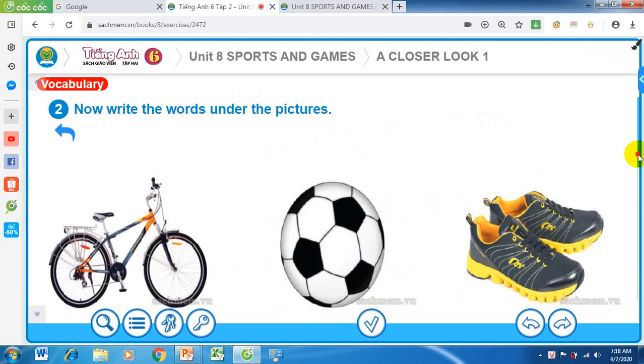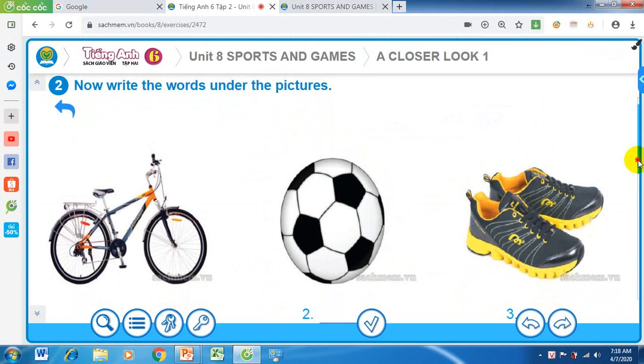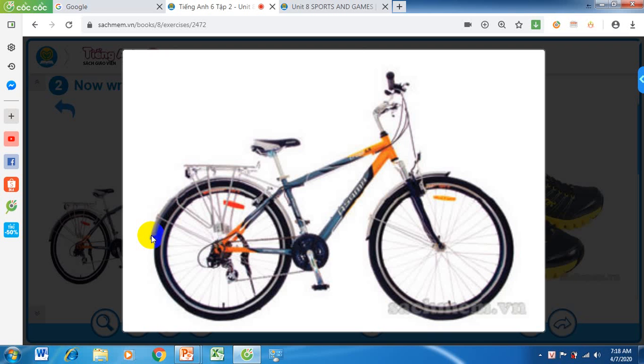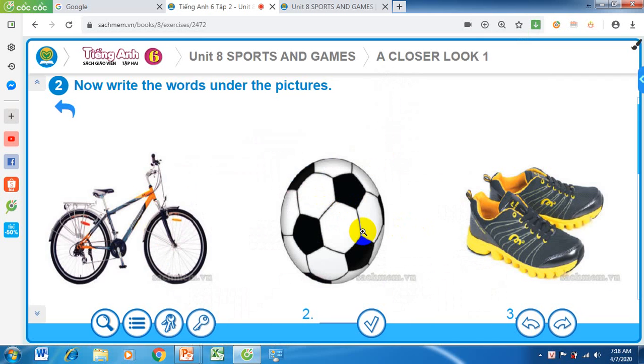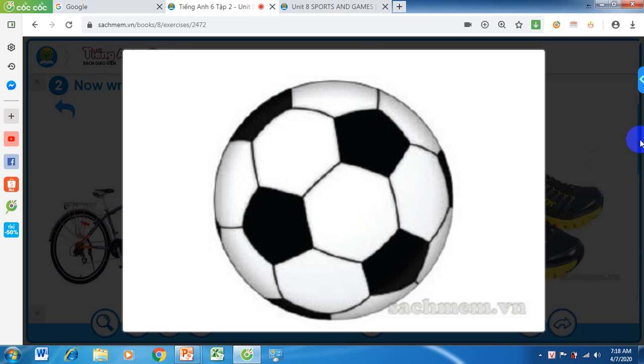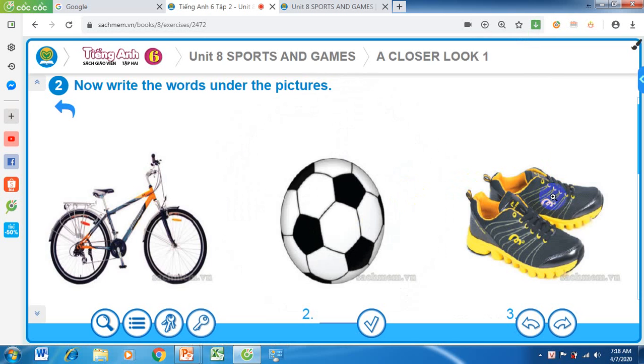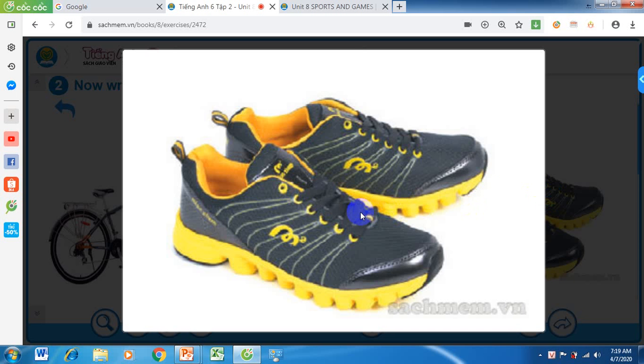Okay, now you look at the picture and write the words under each picture. For example, what is it? Of course, it is a bike, or a bicycle. What is it? It's a ball. And what are they? Yes, they are sports shoes.